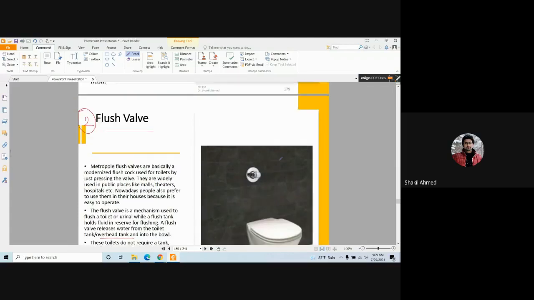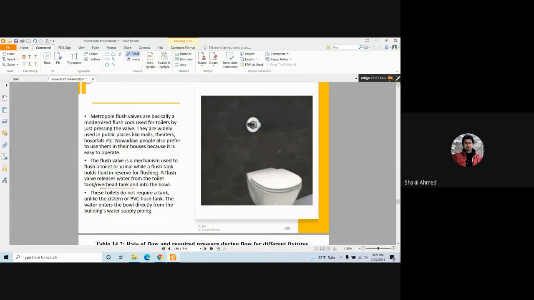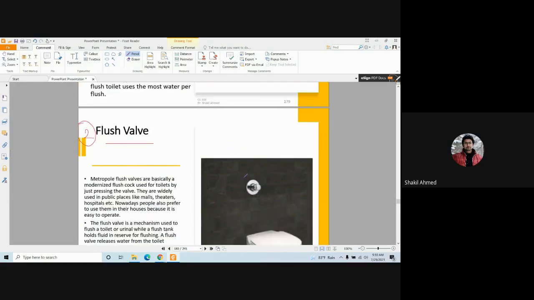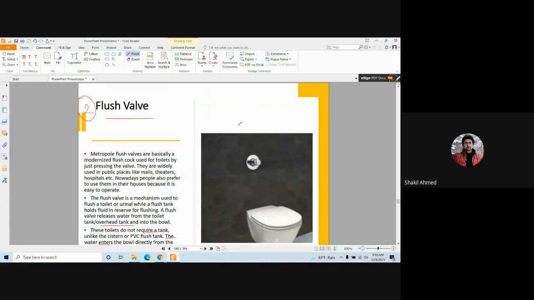That means these toilets do not require a tank, unlike the flush tank water closet. The water enters the bowl directly from the building's water supply piping. That means you have the water supply piping here inside the wall, right?